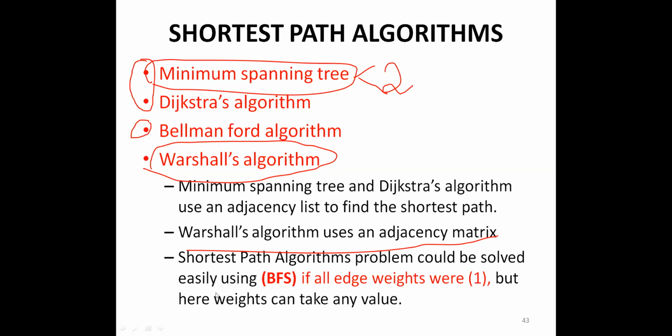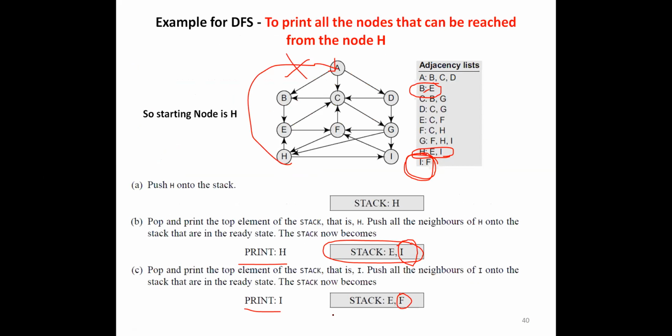And we have talked about a shortest path algorithm. Even BFS, one application we have seen, finds the shortest path, but it is meant only for unweighted graphs. If you want, I can show that also.